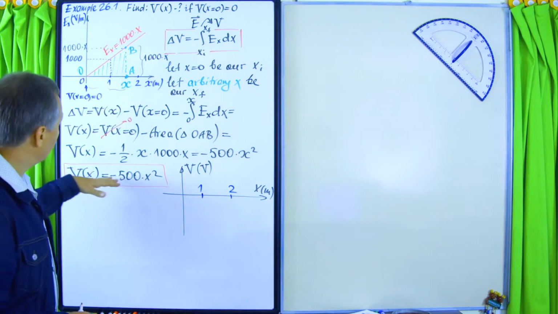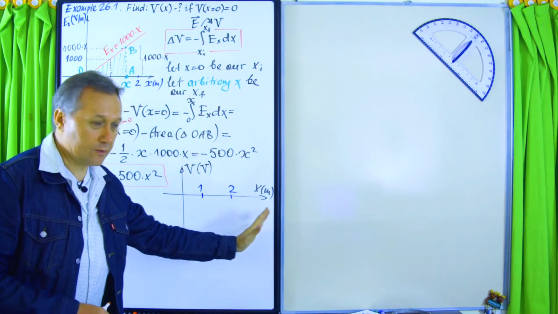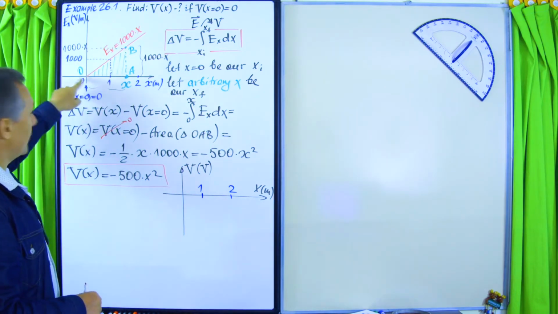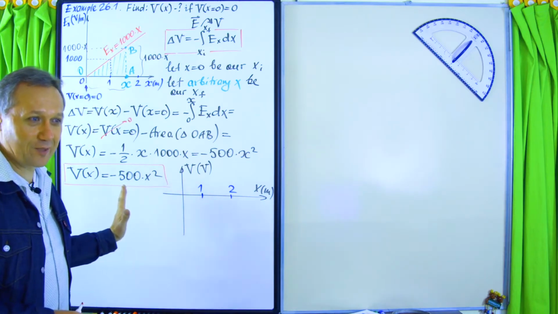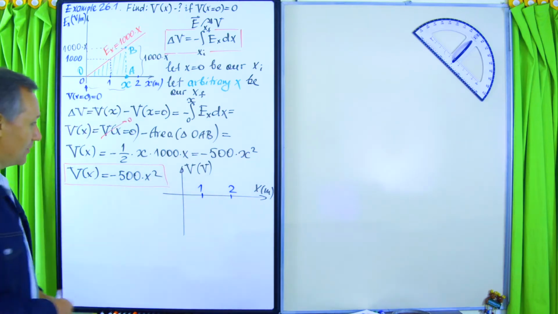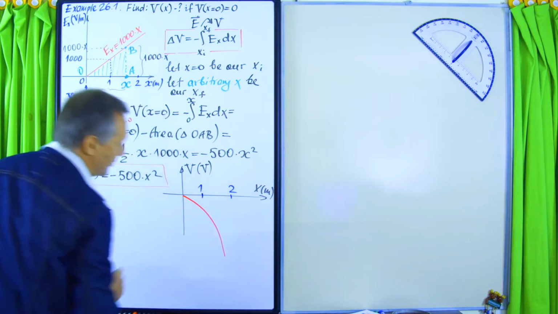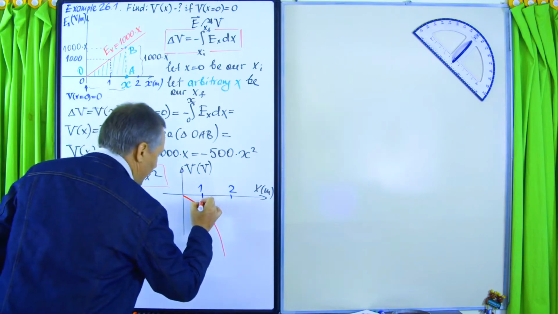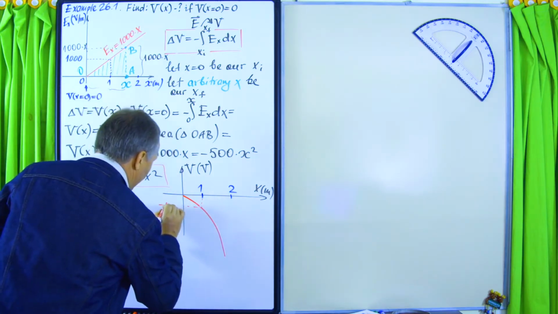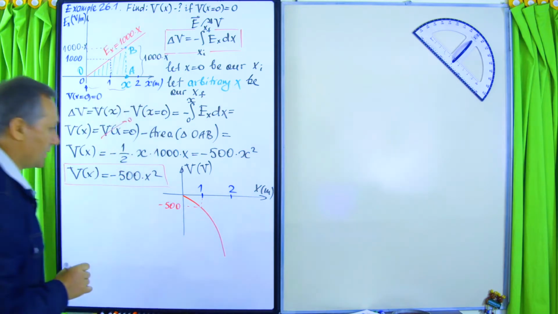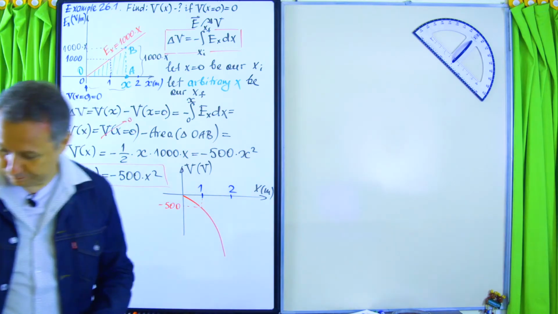And of course, we only know about the electric field on the positive x-axis, right? So we don't know anything about what happens below x equals 0. So we cannot say anything about the electric potential on this side of the coordinate system. So we can only say about this. So it will be some kind of parabola like this. And at x equals 1, the value of the potential will be minus 500. Right. So that's the plot, and that is the function.